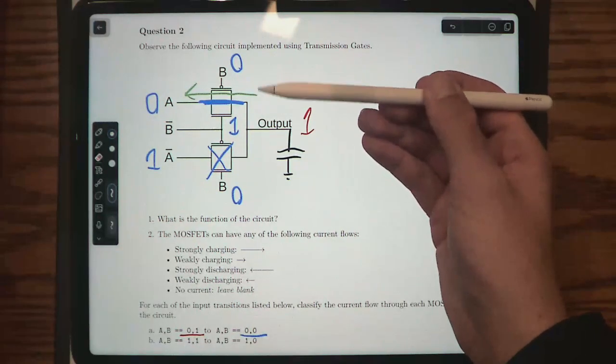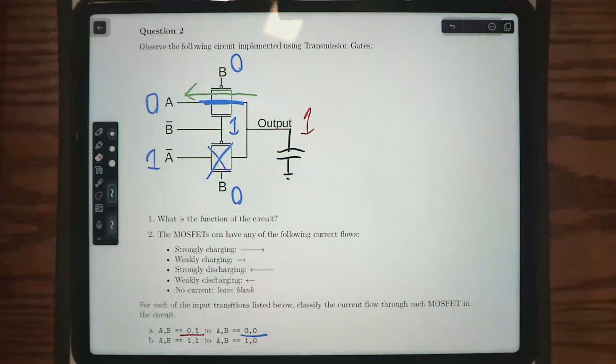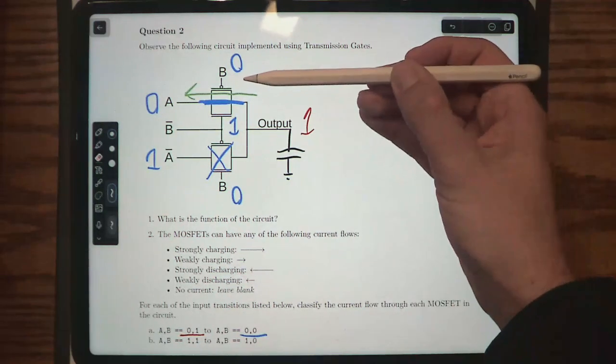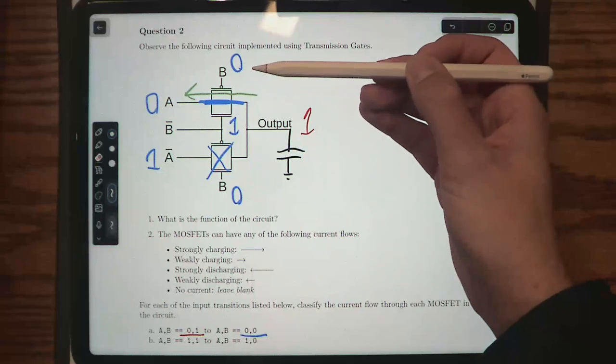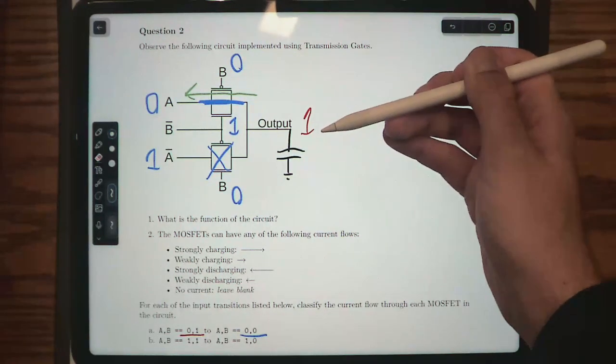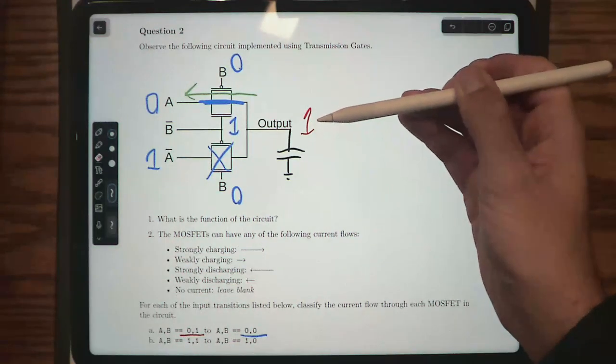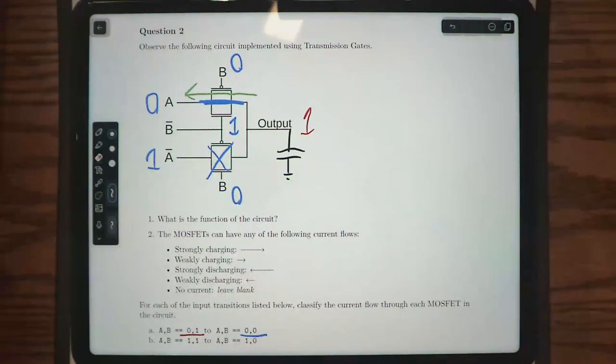If you go back into notes from day 1 of this class, do we remember which MOSFET really expects to be hooked up to a full 1 volt? Yeah, the PMOS, right? The PMOS is really expecting to be constantly held at 1 volt. And if it's not held at 1 volt, then we actually say that it's not running most efficiently.